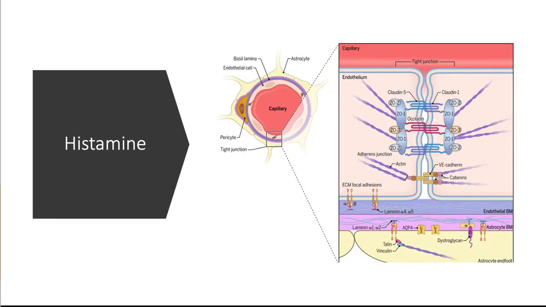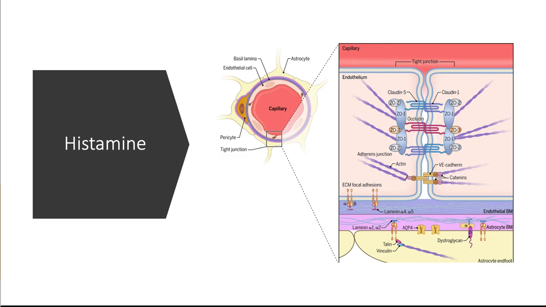Histamine causes dilation of arterioles and increases the permeability of venules. Histamine is considered the principal mediator of the immediate transient phase of increased vascular permeability, producing endothelial gaps in post-capillary venules.